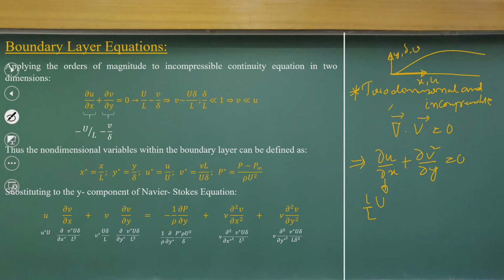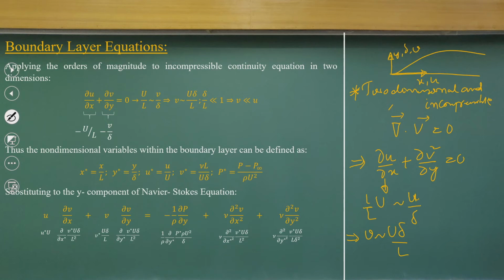We do not know the order of small v, but we know the order of y will be the boundary layer thickness. So, the order of the velocity in the y direction will be U delta by L, just by substituting.